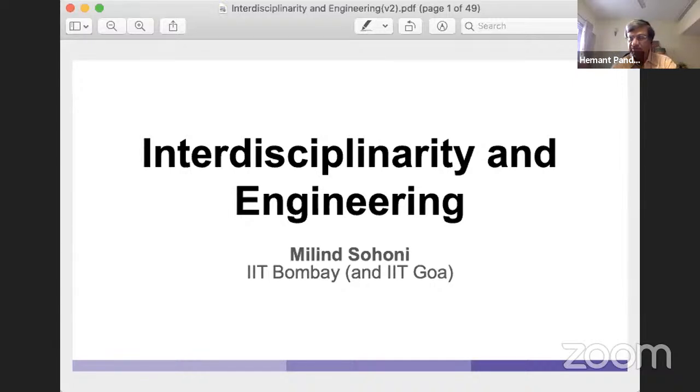He is currently professor at IIT Bombay as well as IIT Goa, and has also been the head of Sitara, the academic center of IIT Bombay devoted to development. Milin is known for his work in both theoretical computer science as well as in development, in theory as well as practice. In the area of development, he works on drinking water, on higher education, especially in aligning engineering and development. Today's talk will certainly bring that out with his example of public transport. So without further ado, I'm going to hand over to Milin. Milin, please.